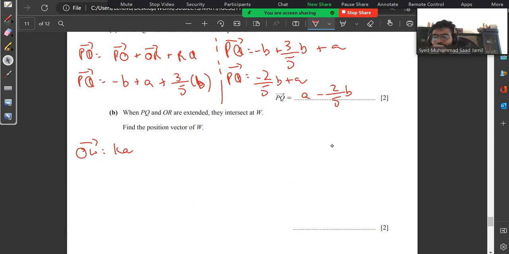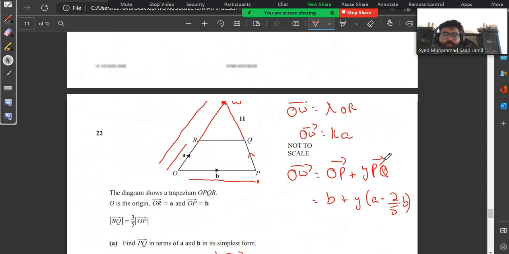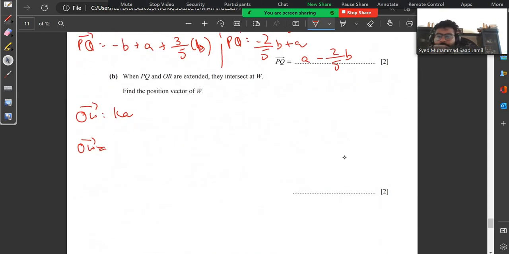and OW is also equal to B plus Y times (A minus 2 upon 5 B). Now we will equate both of them with each other.